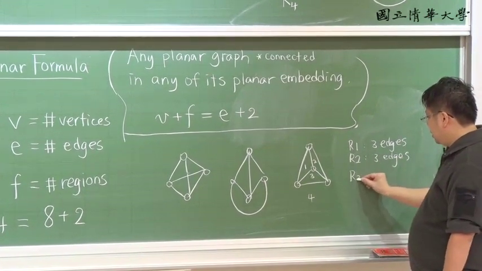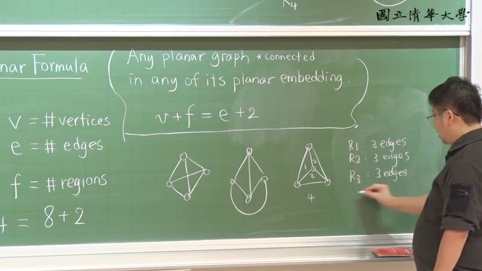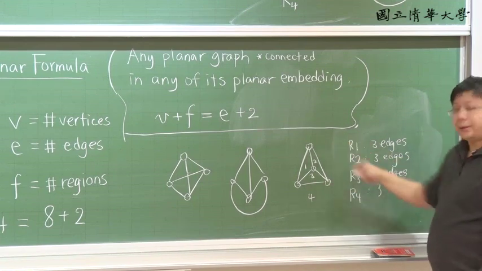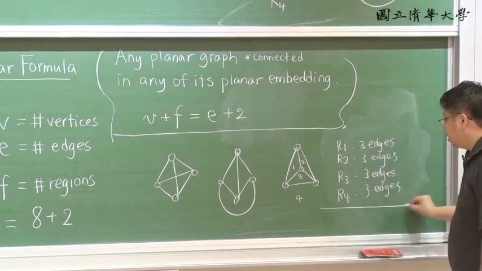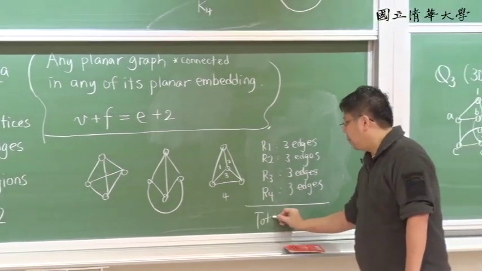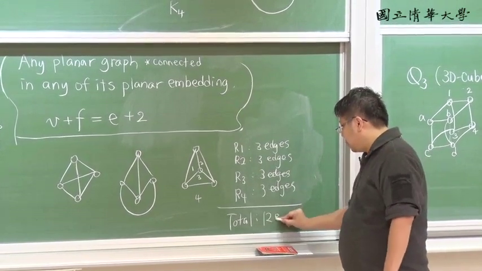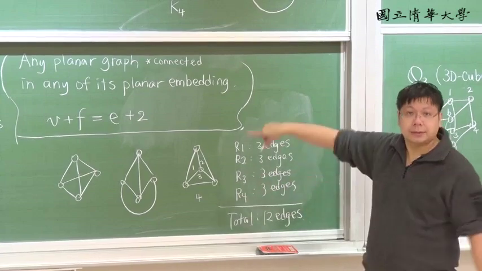Region 3, we are using 3 edges. And region 4, we are also using 3 edges. So in this case, the total number of edges to enclose all these regions is 12 edges.